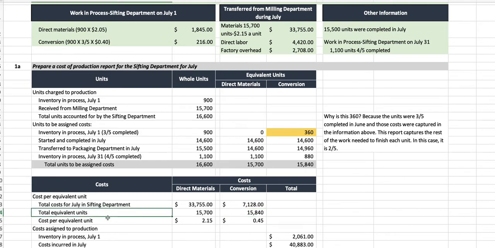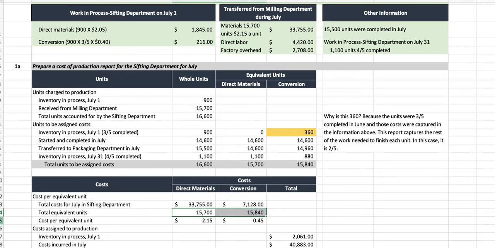And now we need to look at our total equivalent units. We had 15,700, and we can see that from the equivalent units for direct materials. And we're going to pick up the equivalent units for conversion from, again, a previous calculation. So now I know how much I spent, and I know what my equivalent units were for both direct materials and conversion.